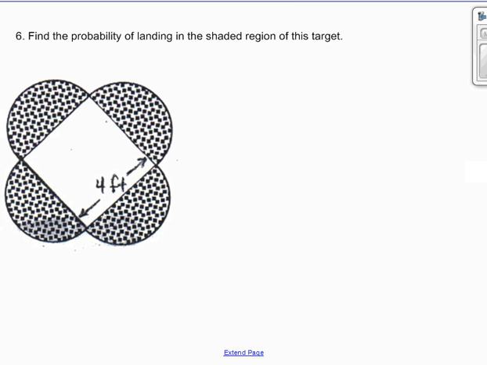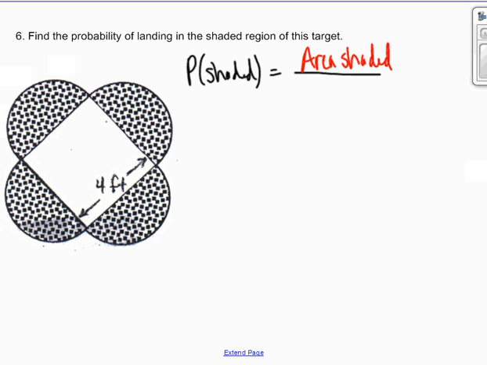Last one, find the probability of landing in the shaded region. So probability of landing in the shaded is the area of the shaded over the area of the total. Area of the total is what I do first. There's no equation for this flower thing or whatever this is, so I'm going to have to be creative.